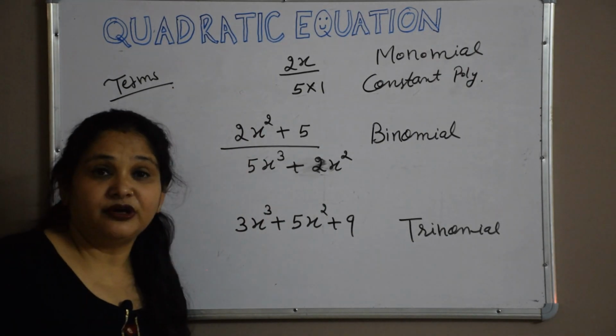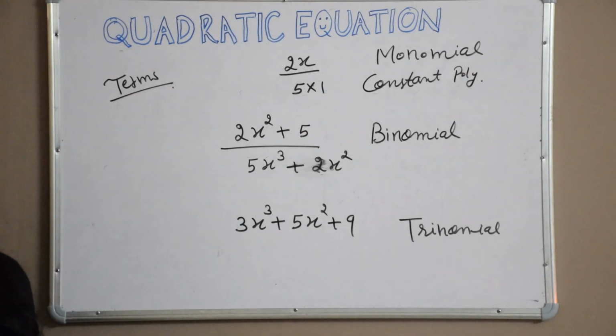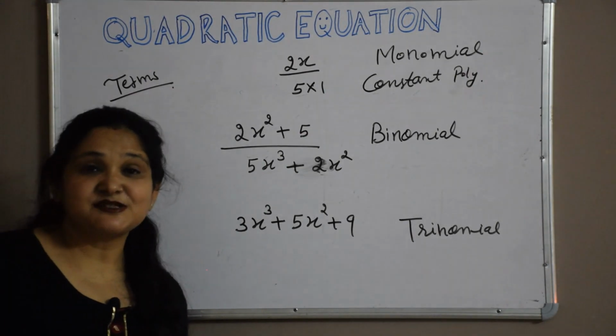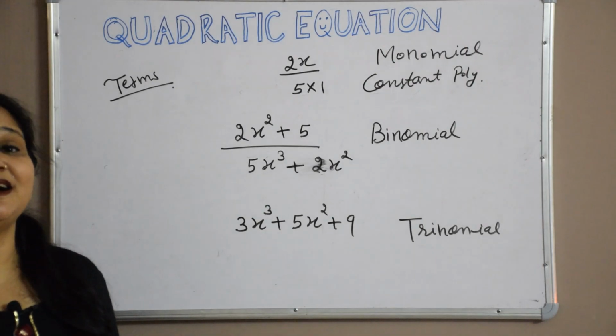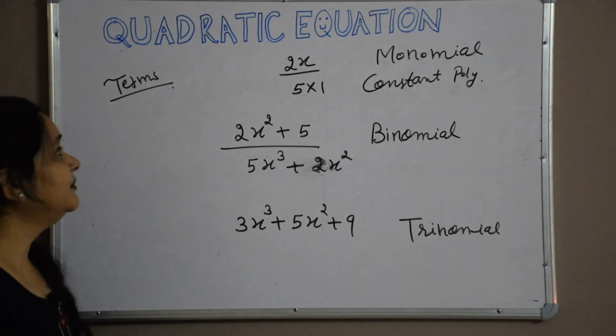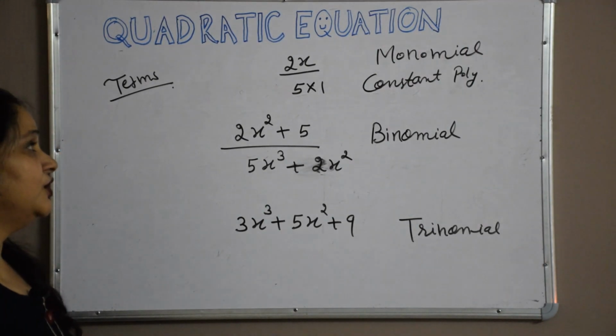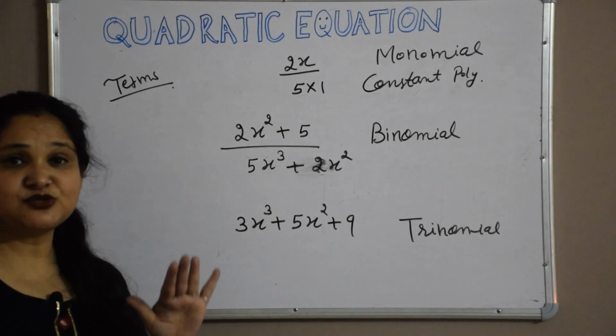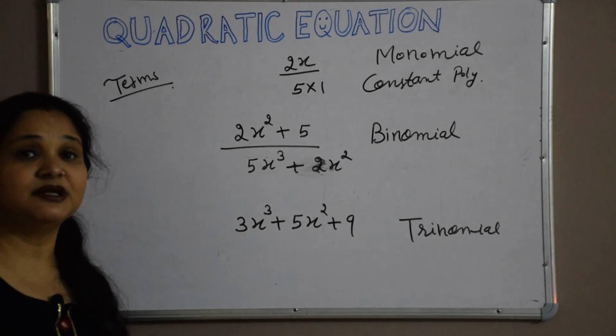So what we got, we understood that a polynomial is an algebraic expression in which degree is the highest power of x, and different types of polynomials are there. One is based on the terms and one is based on the degree.